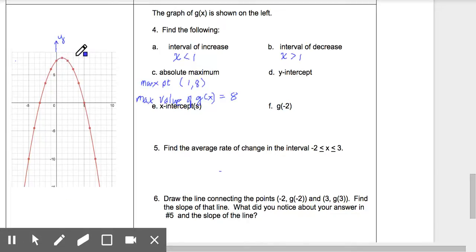We notice that the graph crossed the y-axis right here, and that is between 7 and 8, like in the middle between 7 and 8. So we will say that the y-intercept is at 0, 7.5.